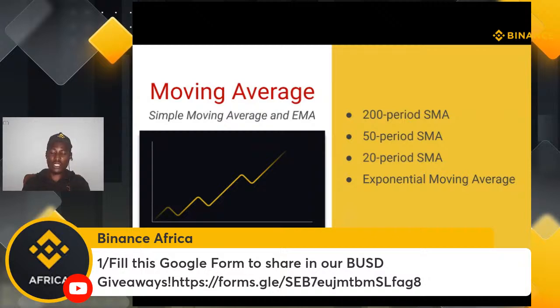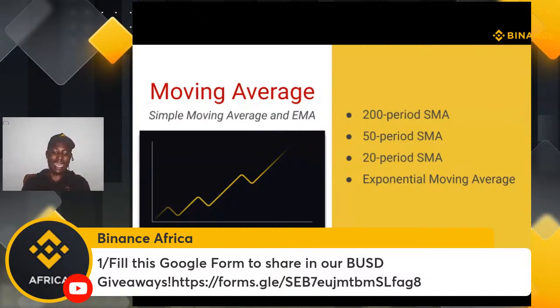For the simple moving average, the common types are the three periods I've listed in the slide shown, which are the 200 period SMA, the 50 period SMA, and the 20 period SMA. Most traders who employ technical analysis and use moving averages mostly use these three periods to influence their decisions.